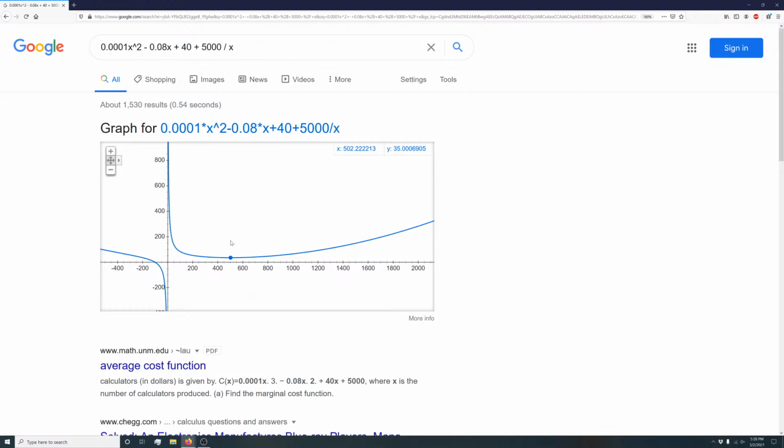It's as low as it's going to go. It goes up to infinity on the right-hand side, and keeps going up to the left-hand side up to 0. So using the second derivative test, we were able to show that while we had a local minimum at 500, looking at the behavior to the right and to the left of it, it is in fact a global minimum.